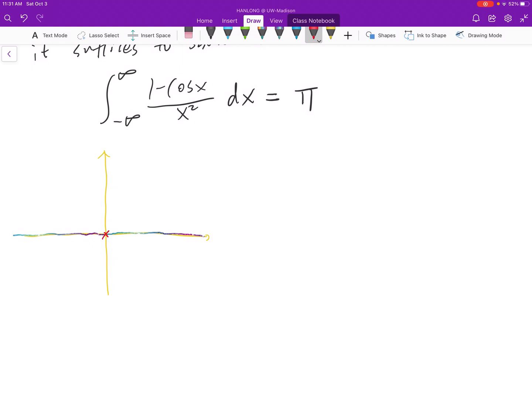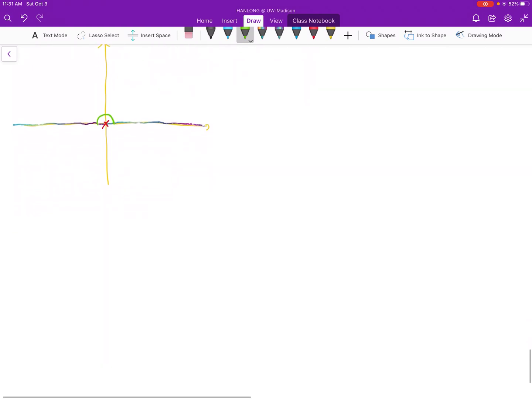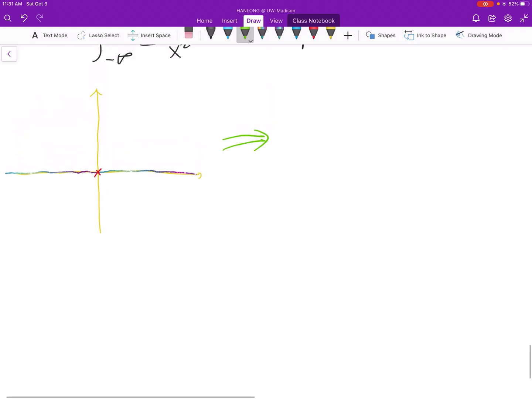So what should we do? A good idea is we consider, okay, let me draw another picture. We consider the following modified loop. Just get around.